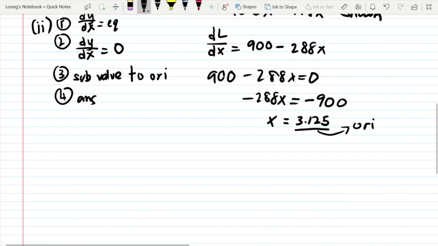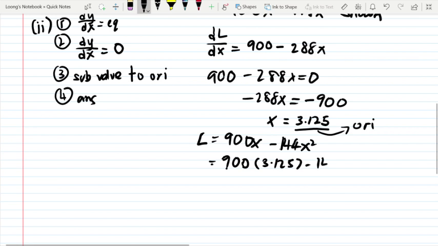So L is equal to 900x minus 144x squared, and substituting it, we will get, by multiplying 900 with 3.125 and subtracting 144 multiplied by 3.125 squared, the answer 1406.25 cm squared.